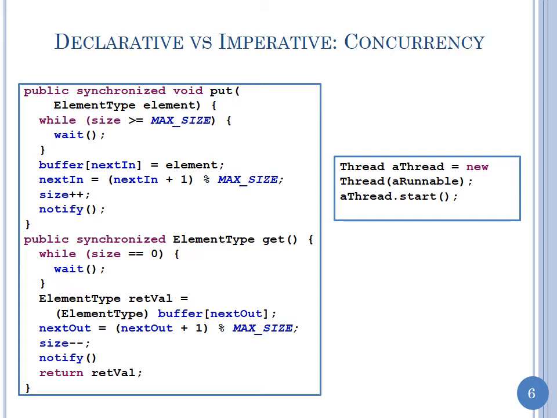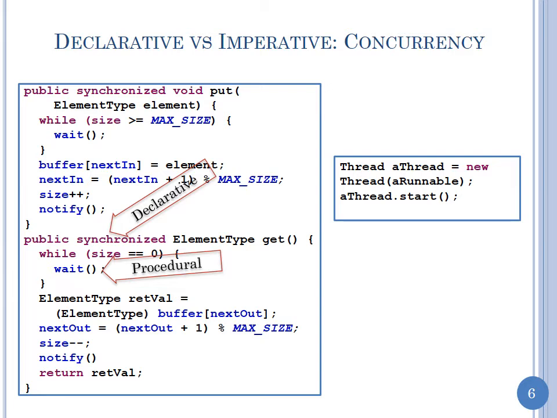Declarative versus imperative in concurrency: we saw that synchronized, as I mentioned, is just a keyword. You say, I want a critical section, and you get it. Those of you who've done operating systems have probably implemented that using semaphores, which is procedural, or test-and-set instructions, that's procedural, whereas in Java it's synchronized.